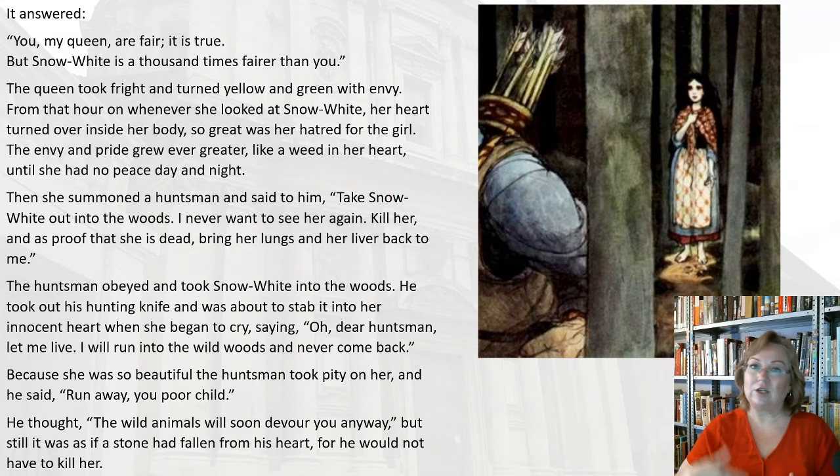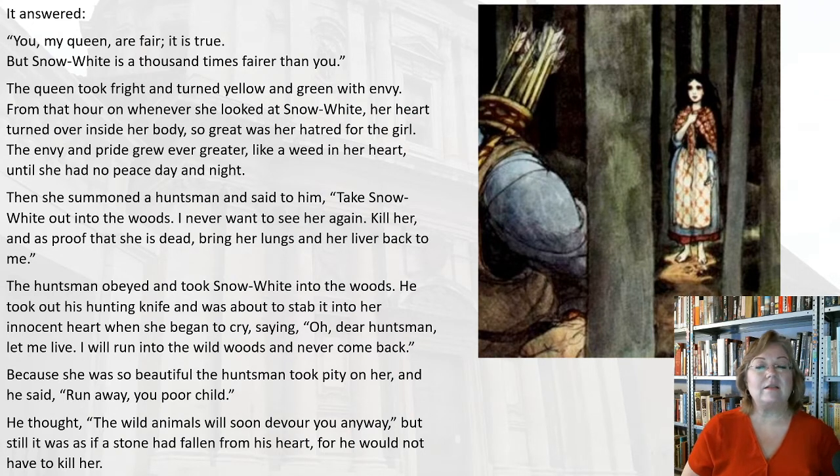Now, hearts don't literally turn over, but they do palpitate, and it can feel like it's turning over. The envy and pride grew ever greater, like a weed in her heart, until she had no peace day or night. This is really, truly sad that a grown woman would be jealous of a 7-year-old, but this is exactly what we're dealing with in this story.